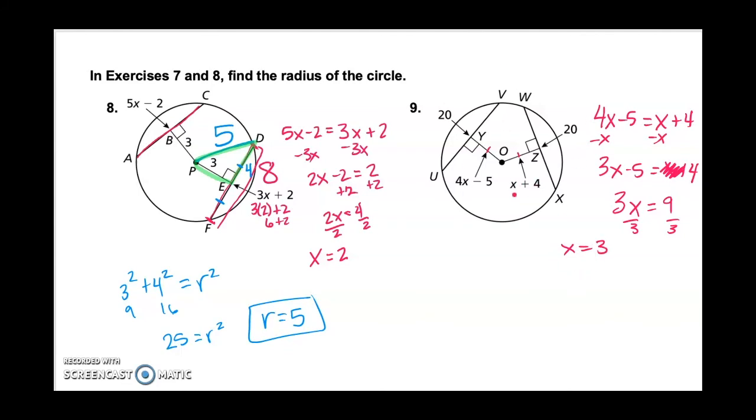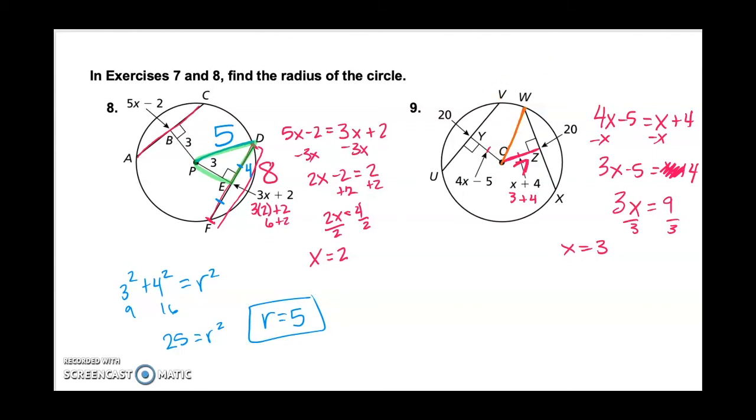I need the radius though, so let's plug 3 in here so we can get a little bit more numbers. So this length right here, OZ, is 7. Now remember that we want to draw our radius so that we have a right triangle. So I'm going to use OW, or you could use OX, whichever, or you could even use this one.